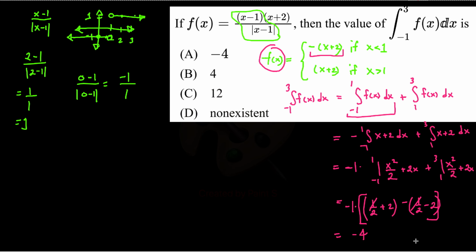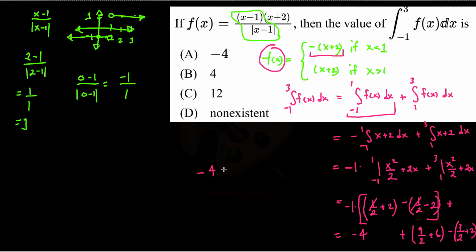And then now I have to add this other piece. I plug in 3, I'm going to get 9/2 plus 6 minus 1/2 plus 2. And I've got to put that in parentheses. This is going to give me 8, plus this. What is it going to be? -4.